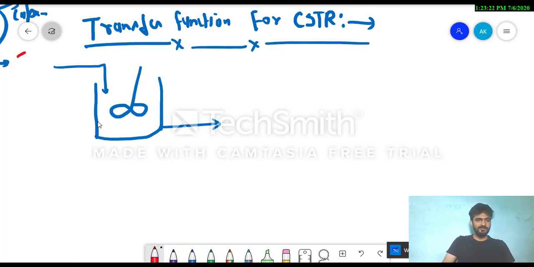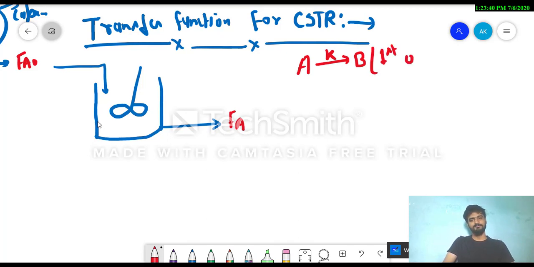How will we derive? I am assuming FA0 is the inlet flow rate of the reaction mixture and FA is the outlet flow rate. The reaction taking place in this CSTR converts A into P, and K is the rate constant, and this is a first order reaction, my dear student. So now understand what is happening here. This is a continuous stirred tank reactor.